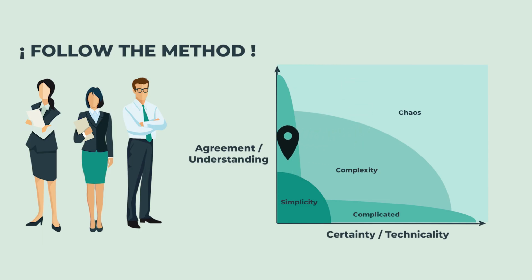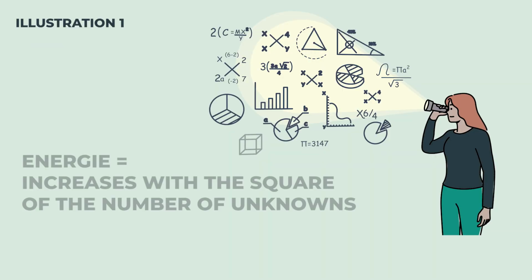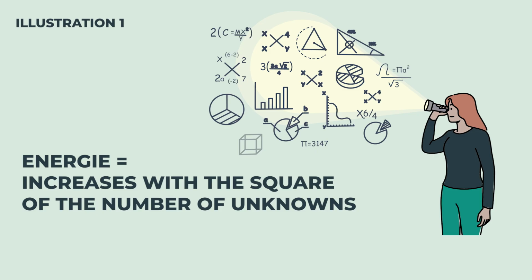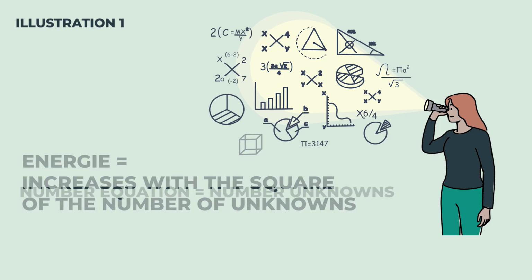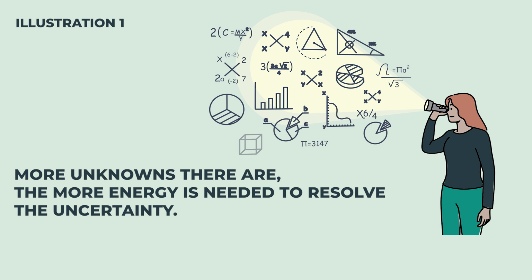Before concluding, a few thoughts. First one: in mathematics, the energy required to solve a system of equations with multiple unknowns increases with the square of the number of unknowns. You need as many equations as unknowns to solve a system. This is like squaring the energy needed, because the more unknowns there are, the more energy is needed to resolve the uncertainty.